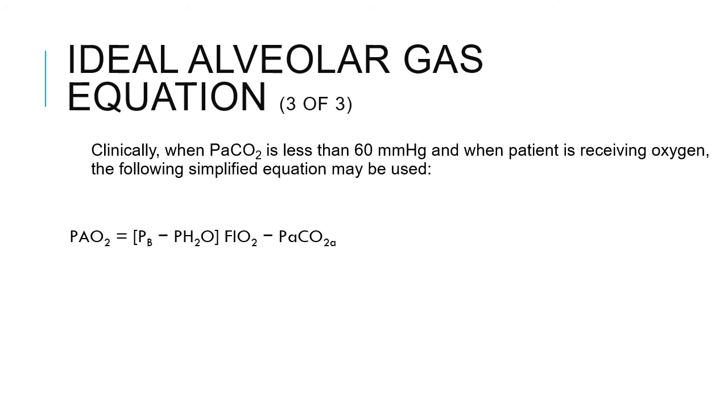Pressure of alveolar oxygen is equal to barometric pressure minus water vapor pressure, times fraction of inspired oxygen, minus CO2.